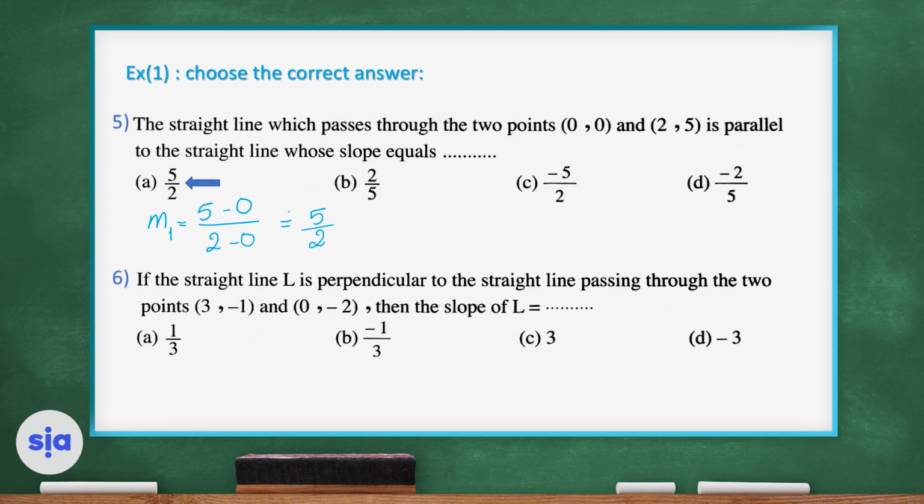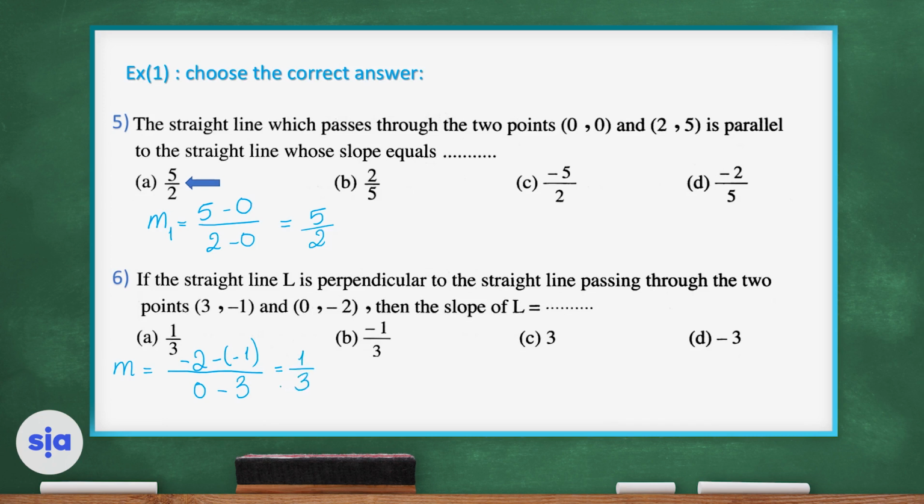Question 6, if the straight line L is perpendicular to the straight line passing through the 2 points 3, negative 1 and 0, negative 2, then what is the slope of L? Let's now find the slope of the line passing by the 2 points, which will be m equals negative 2 minus negative 1 over 0 minus 3, which is equal to 1 over 3.